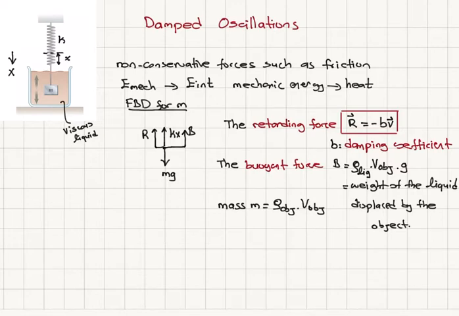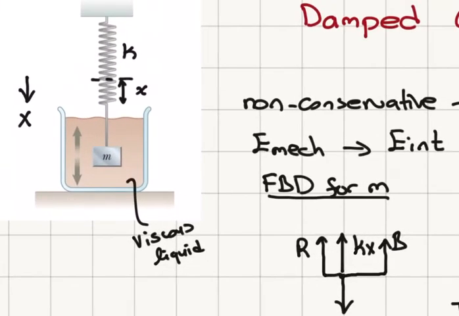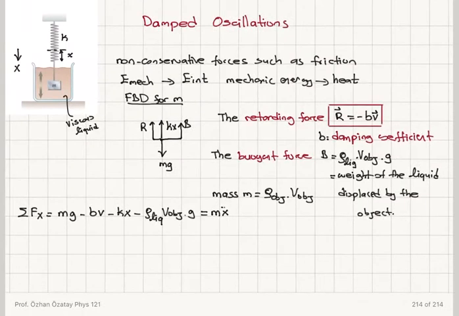So if I write the net force in x, I will have mg minus bv minus kx minus rho liquid V object times g is equal to m x double dot. So you see here I have defined x to be vertically down. So that's the acceleration on x component, means it's the downward acceleration I'm looking at.